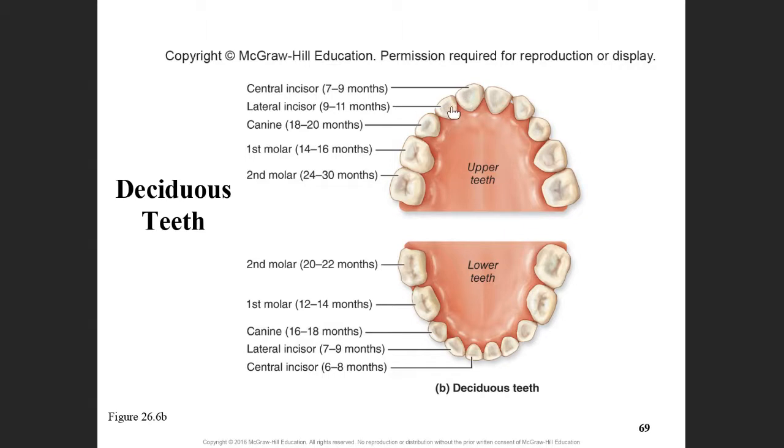After these 2 incisors, we have 1 canine. The canine is responsible for puncturing and tearing food. And after that, you can see 2 molars. So we have 2 incisors, 1 canine, and 2 molars in deciduous teeth.